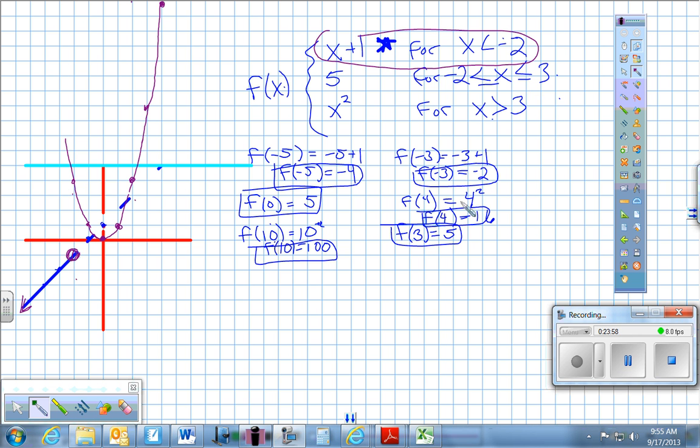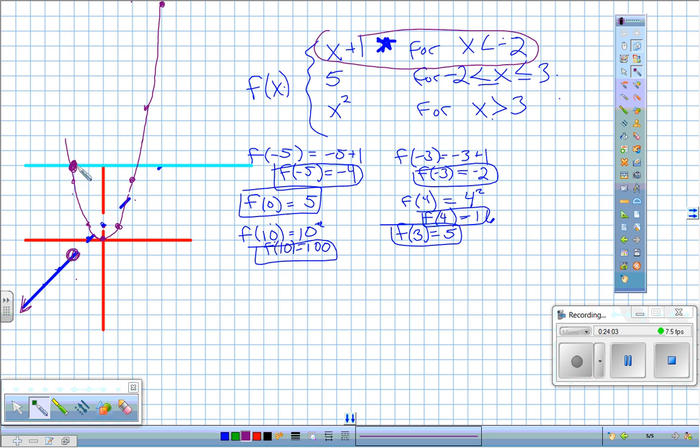And then between negative 2 and positive 3, right here, and these have closed circles, I am on the 5, so I'm using this function, and I'm going to go all the way up to positive 3. They have both closed circles. I erase everything on both sides.